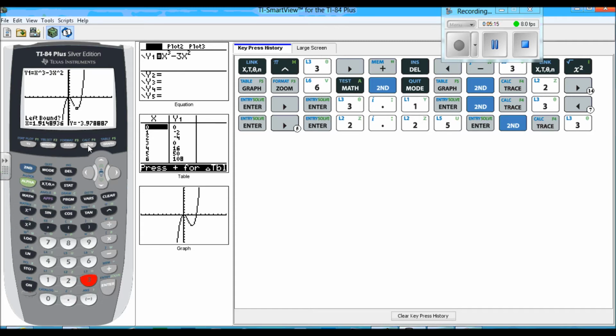Left bound over here somewhere. I suppose it's possible that the answer is 1.999999, but somehow that seems unlikely. So our guess is x equals 2, and now it tells us that the answer is in fact x equals 2.